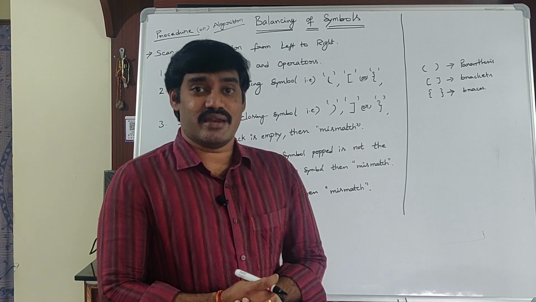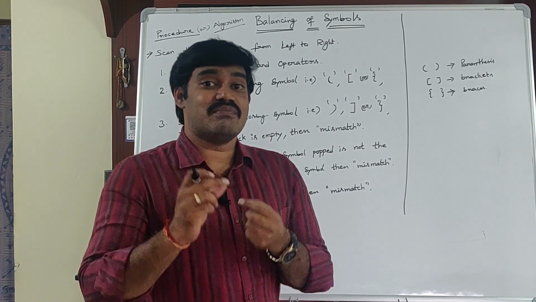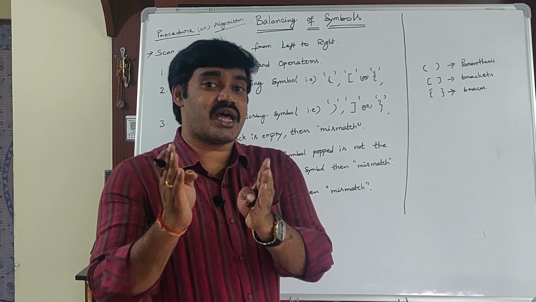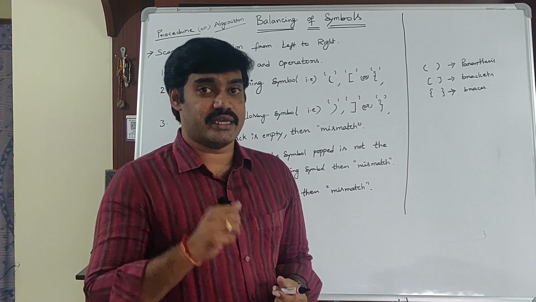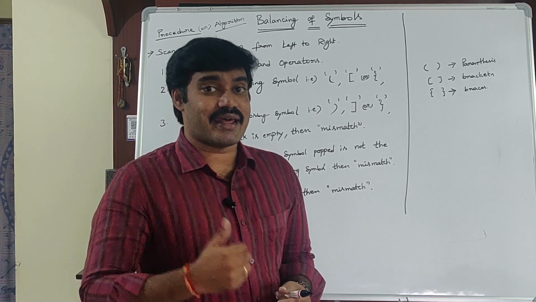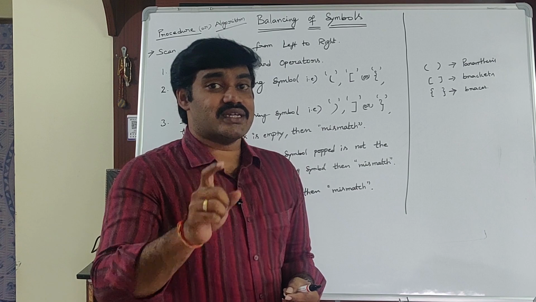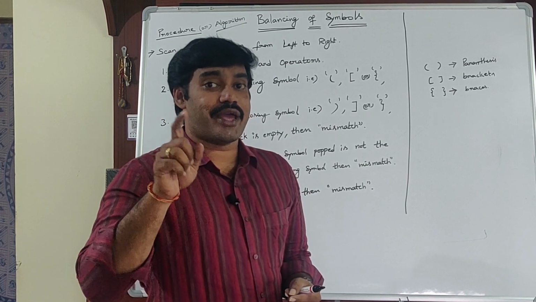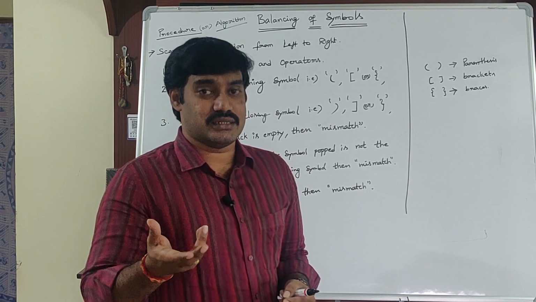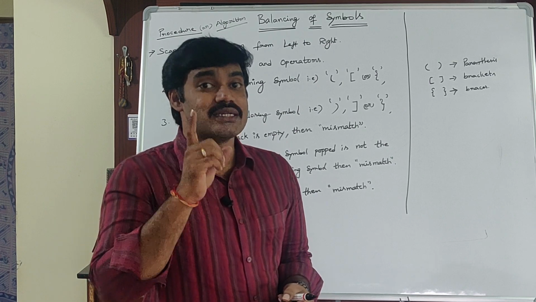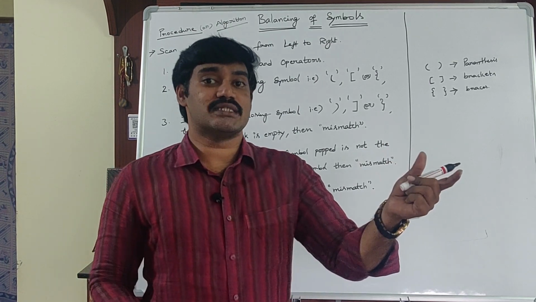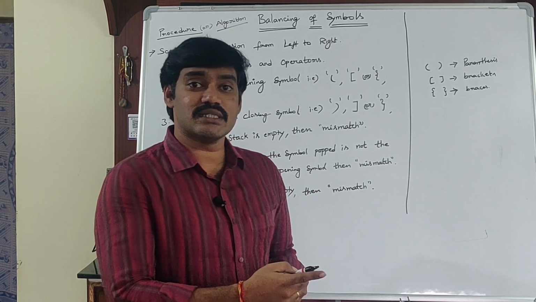Compiler raises an error if the symbols are not matched in your expression or in your program. Important thing. Compiler raises an error if the symbols in your program or in your expression are not matched. That means every opening symbol should have the closing symbol. What kind of closing symbol?